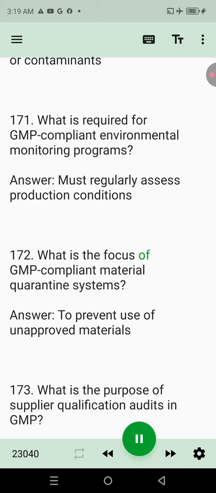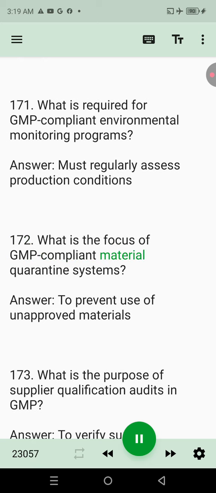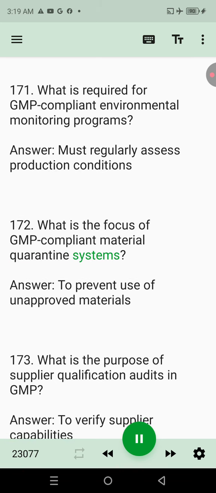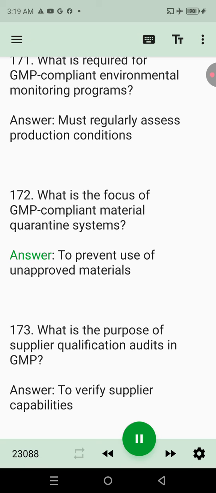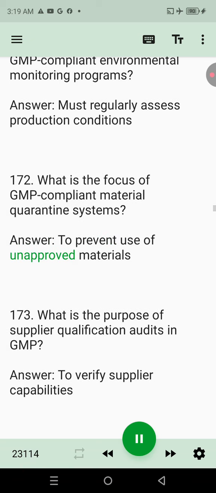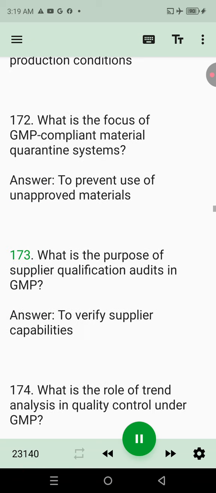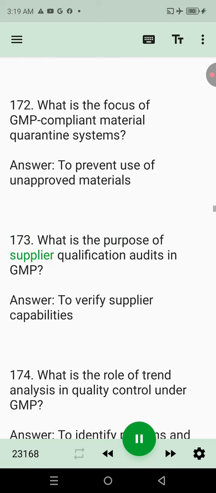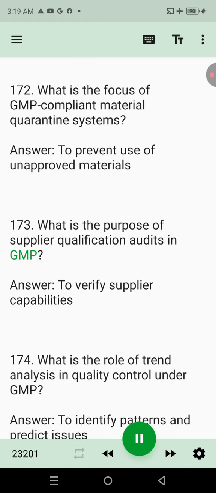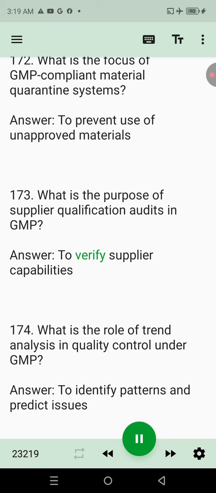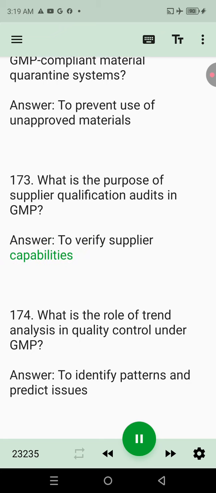What is the focus of GMP compliant material quarantine systems? Answer: to prevent use of unapproved materials. 173. What is the purpose of supplier qualification audits in GMP? Answer: to verify supplier capabilities.